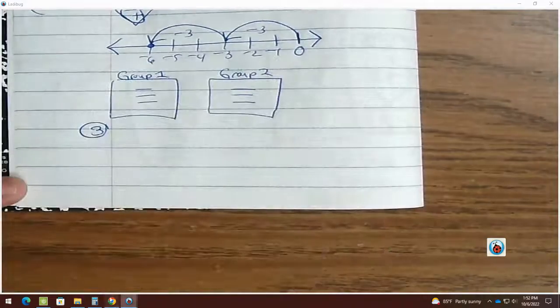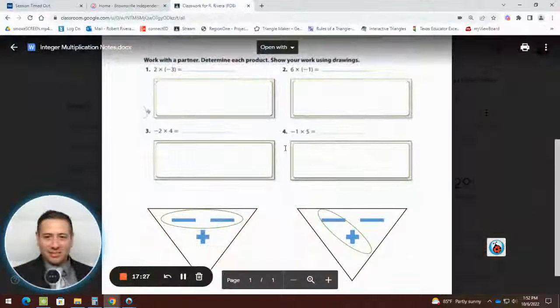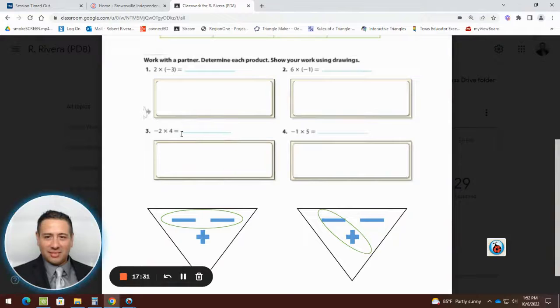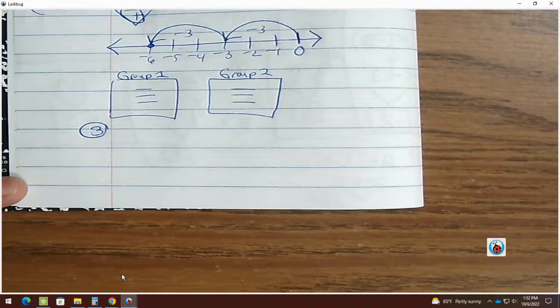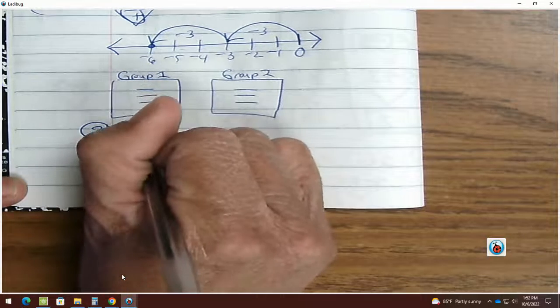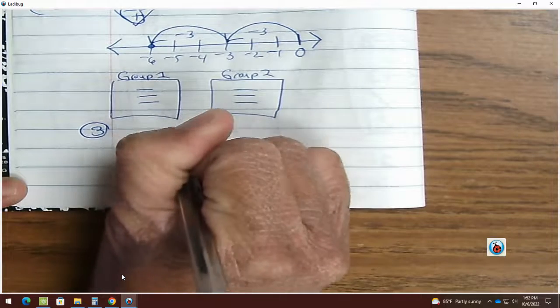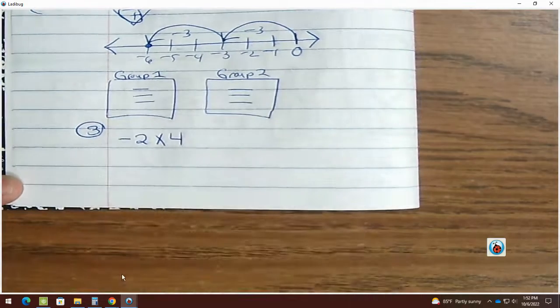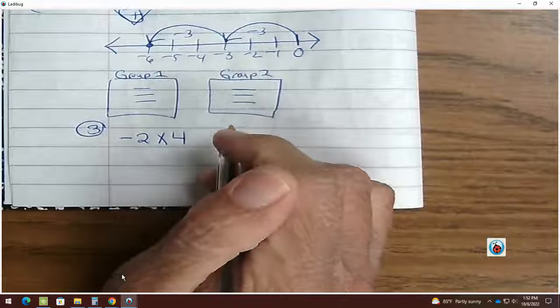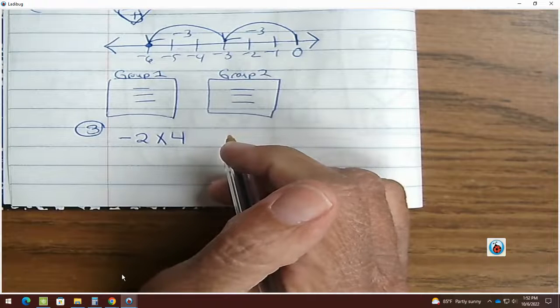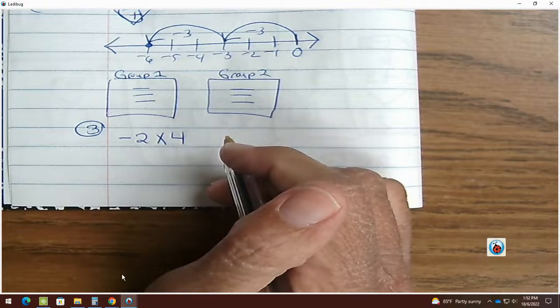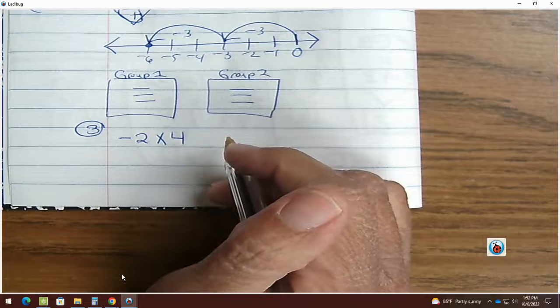Number 3, let me see what it says. Number 3, it says negative 2 times 4, right? Negativo 2 por 4. 8. Okay? Please listen because this one's going to be confusing when you do the models. Vas a confundirte un poquito si no me haces caso.